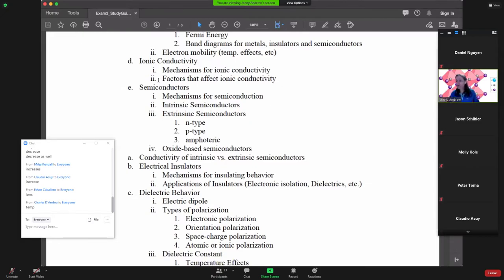And then what would be the temperature dependence of ionic conductivity? It's going to increase with temperature because it's just diffusion. It's diffusion in an applied electric field. So this is all what you learned before, and now we're just using an electric field to control the direction of that diffusion. Does that make sense?